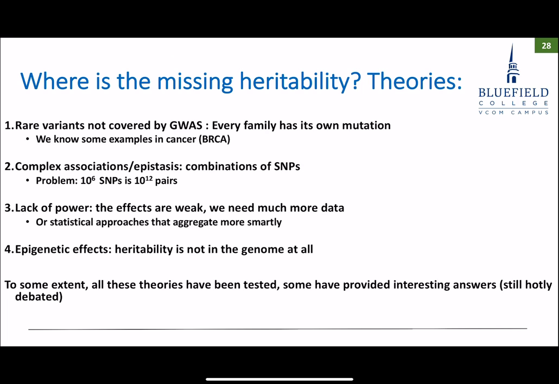The alternative is that we lack power, that the effects are weak, and we still need more data than we can currently accumulate. Another explanation is that maybe there are some epigenetic effects, which is something that we don't see at the genetic marker level, right?